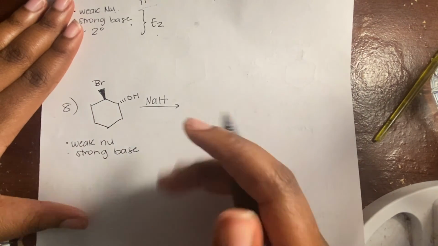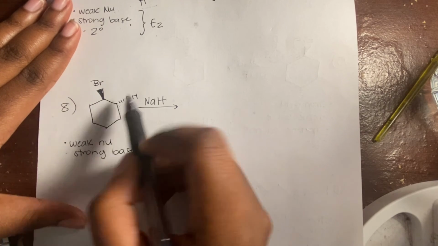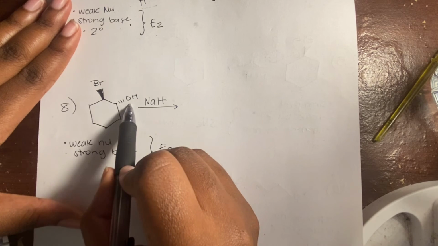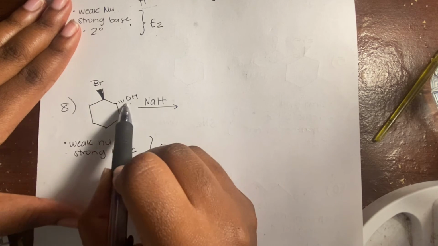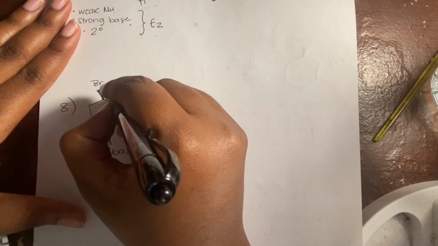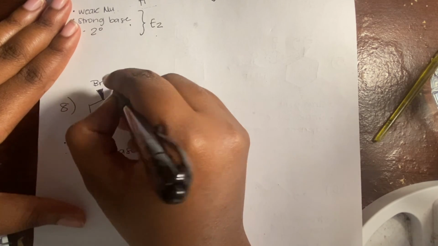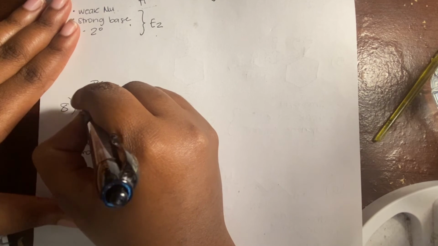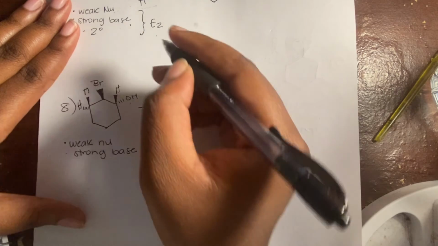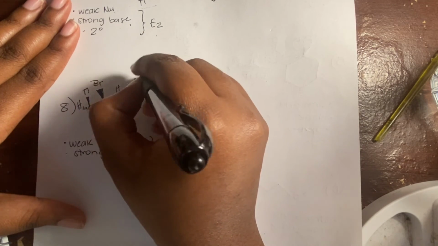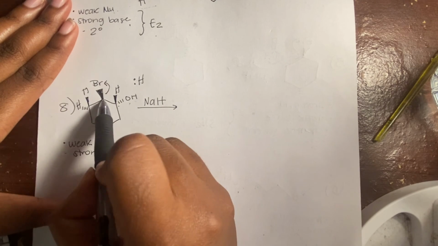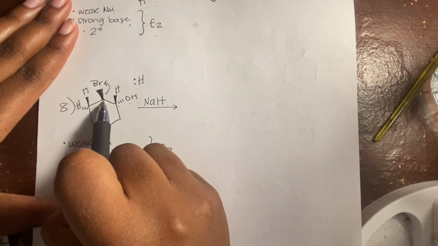Now for number 8, we have the same thing, so we know it's an E2, but the OH is on a hatch this time, meaning our hydrogen over here would be on a wedge. We have this on a wedge and on a hatch. As we know, our leaving group is going to leave. Our leaving group is on a wedge, so we need a hydrogen on a hatch.